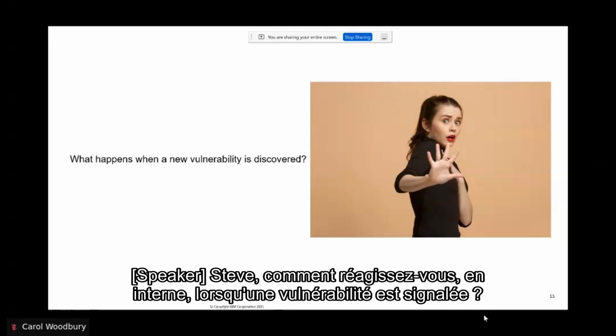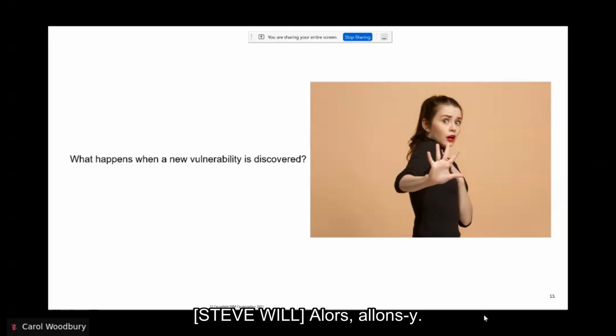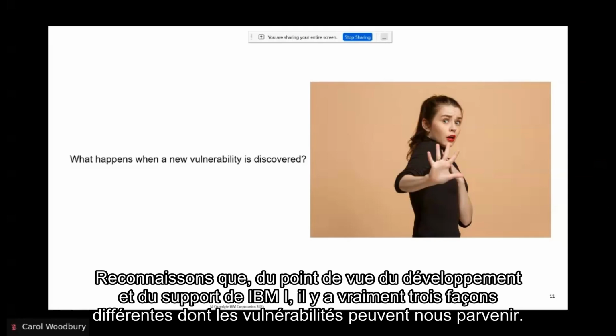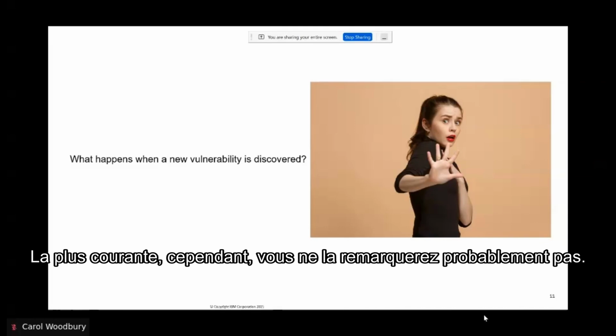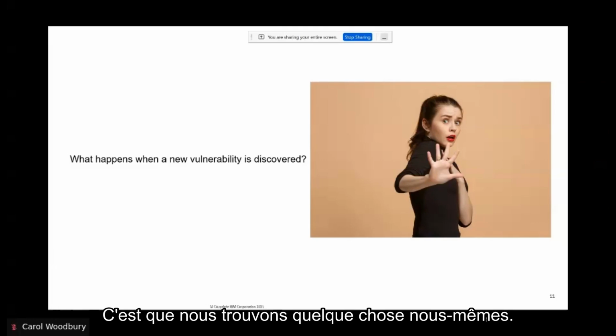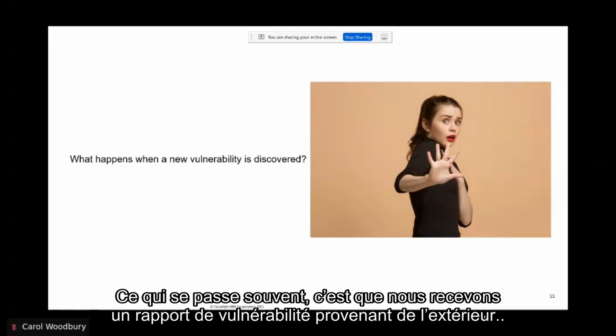All right, so let's recognize that from the IBM i development and support point of view, there are really three different ways a vulnerability can come into us. The most common, though you probably won't notice it, is that we find something ourselves. So what will often happen is that we will get a vulnerability reported from the outside world.